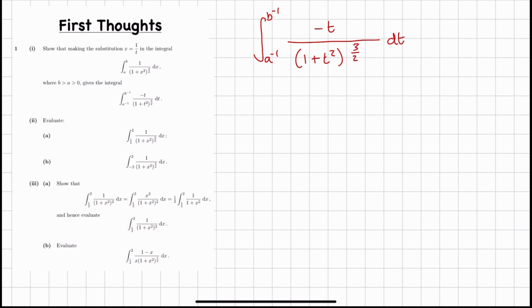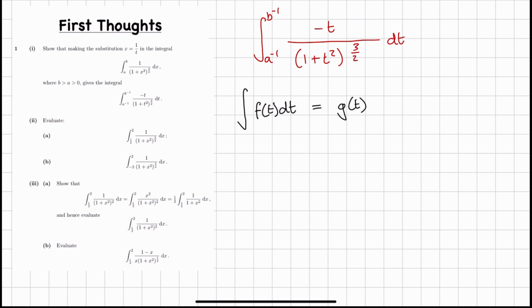Thinking about this more intuitively, and annoyingly for some questions in STEP, intuition is really important. So let's say we have an indefinite integral of a function. The answer is going to be another function, so we can call that g of t.